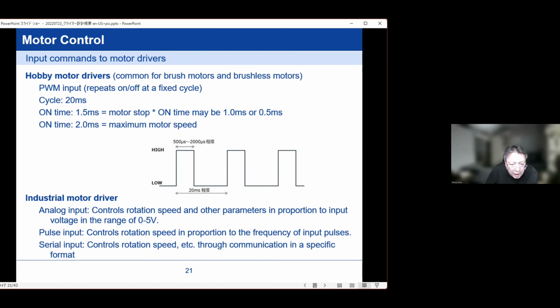Some use pulse input, and some control the rotation speed in proportion to the frequency of the input pulse, and some use serial input such as RS422 or 485, and other communication in a specific format. So there are input command methods that are suitable for each motor driver.